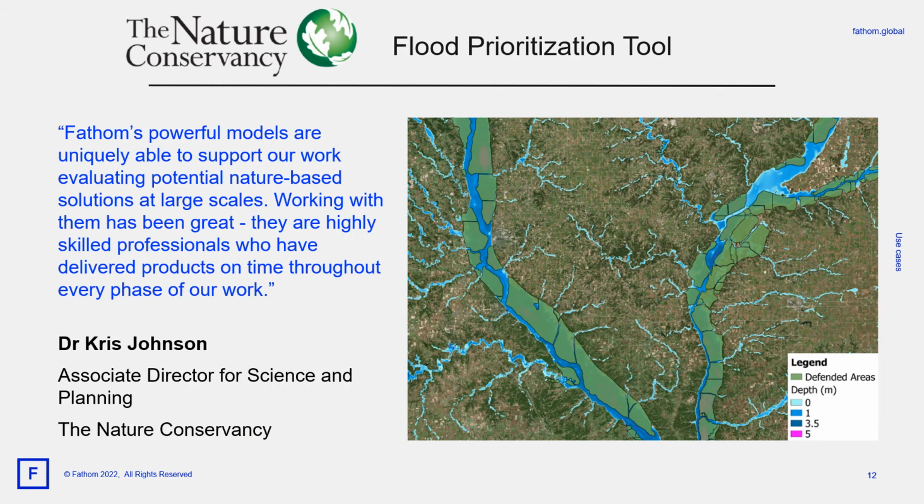The next 2 examples I'm going to speak about are US-based examples, and the US obviously is a data-rich country. However, even in these locations, large-scale models can be very useful. So this particular example is the Nature Conservancy.